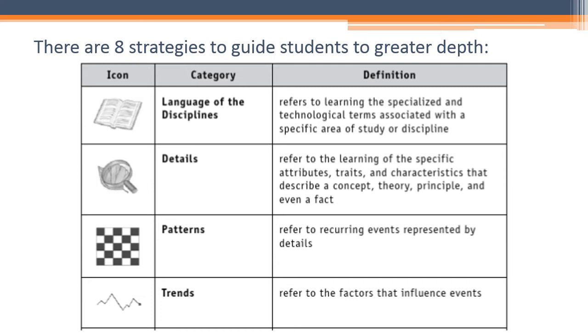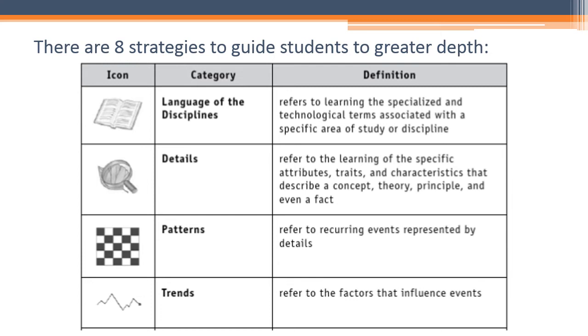Let's take for example our topic for today. It's all about students with gifts and talents, gifted learners, talented learners. If I am the learner and I'm going to study about it, one strategy is to learn the necessary terms to understand it deeper, because depth means deeper understanding of the content.